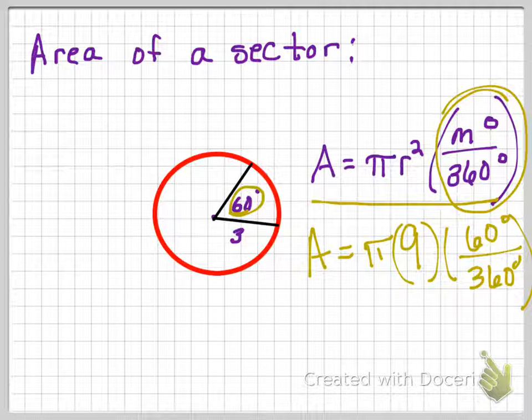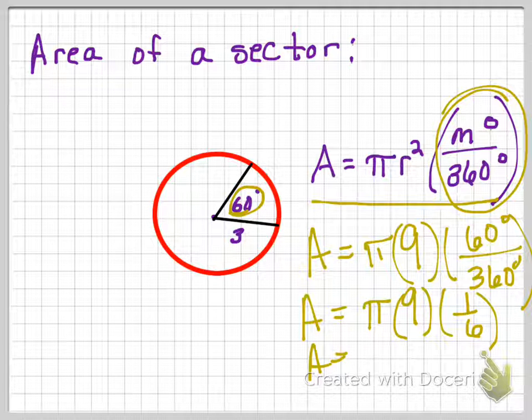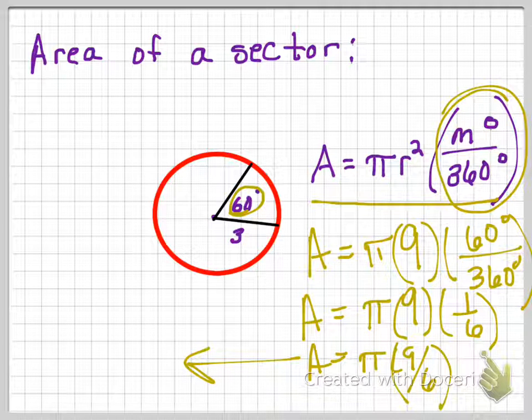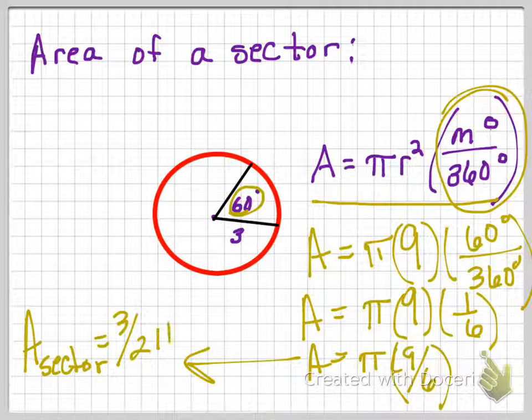So we'll multiply things together. We could say A equals pi times 9 times 1/6, or A equals pi times 9 over 6. Reduce the fraction, and we'll have that the area of our sector equals 3/2 pi, or 3 pi over 2.